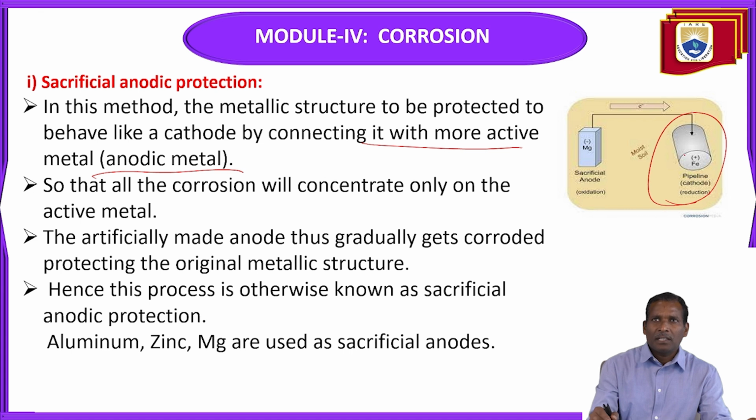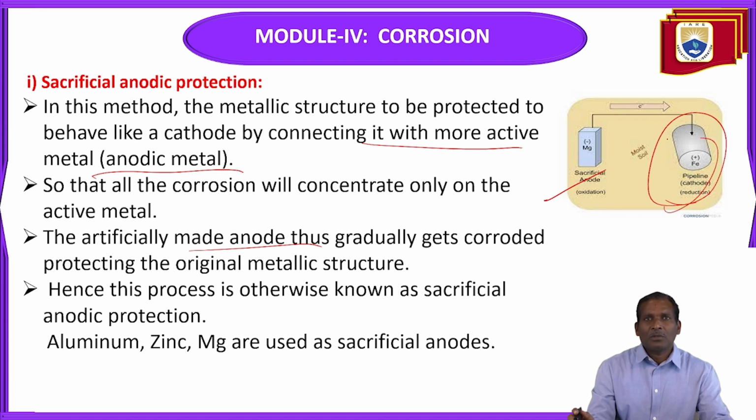By connecting it with a more active metal, that is the sacrificial anode, oxidation occurs so that all the corrosion will concentrate only on the active metal. The artificially made anode thus gradually gets corroded, protecting the original metallic structure. So here you want to protect this pipeline from corrosion.